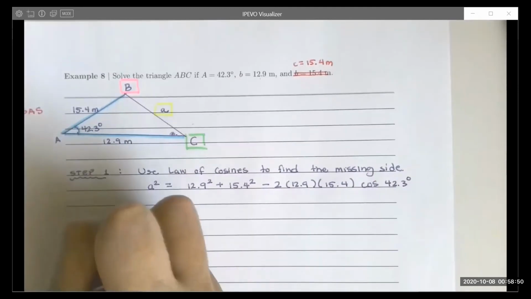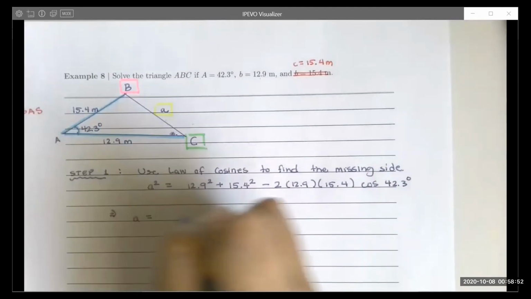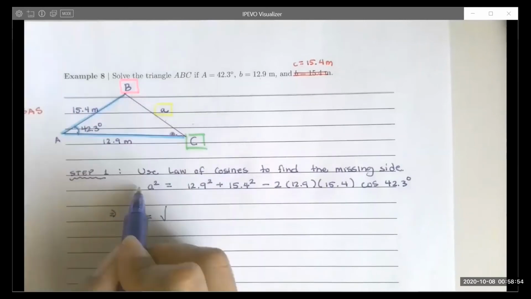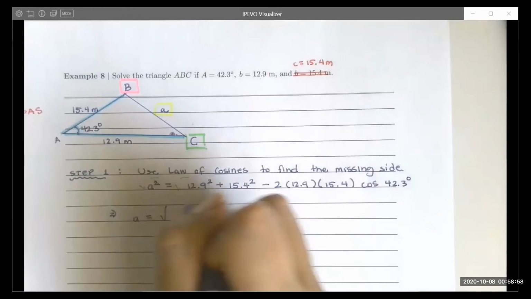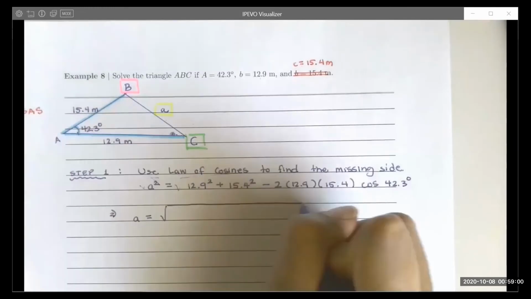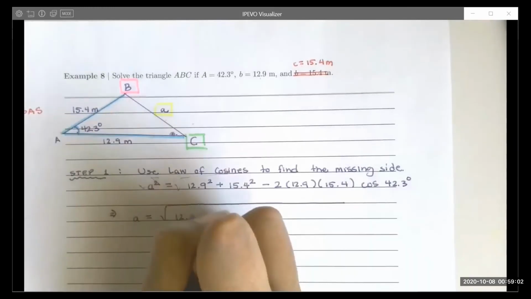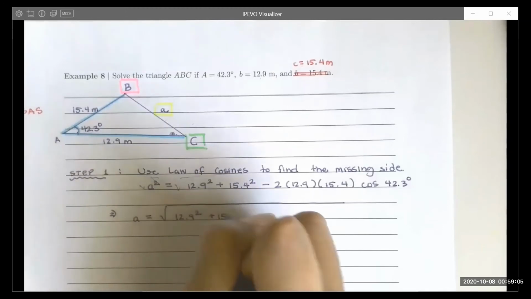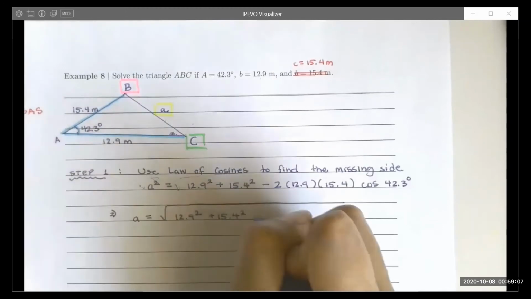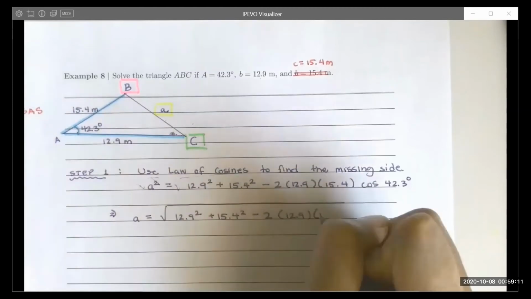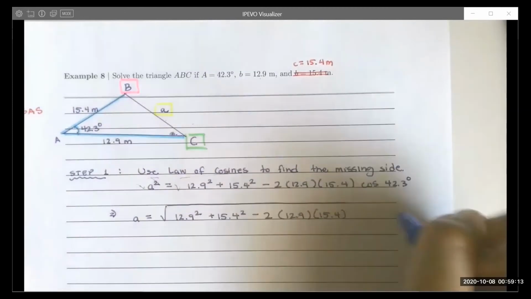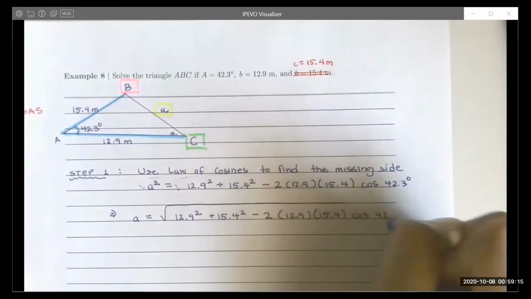Now let me rewrite it with the square root, because I'm going to take the square root of both sides to cancel out that square. We get that A is equal to the square root of 12.9 squared plus 15.4 squared minus 2 times 12.9 times 15.4 times cosine of 42.3.